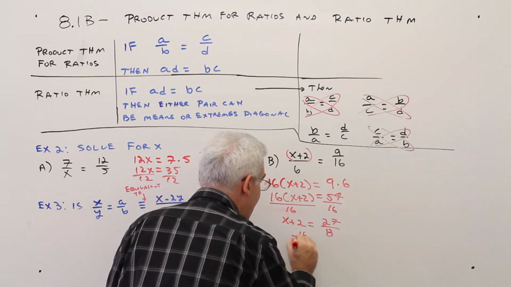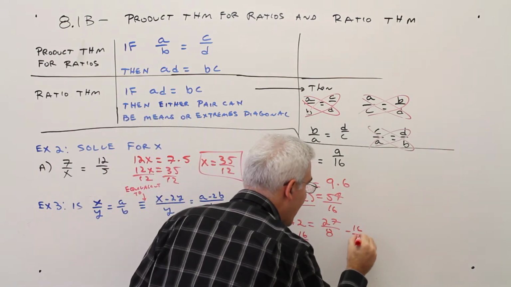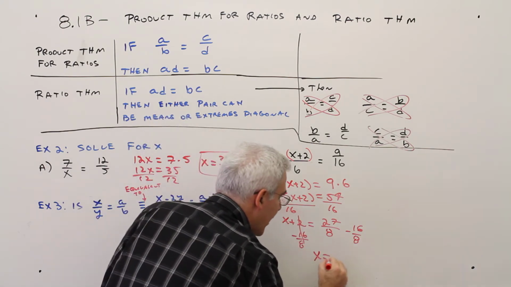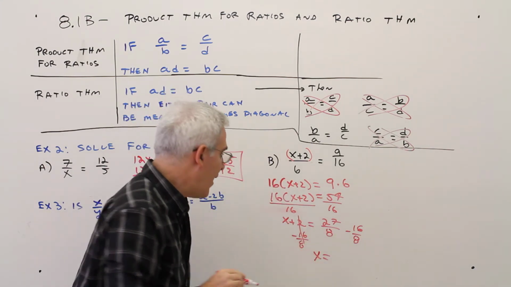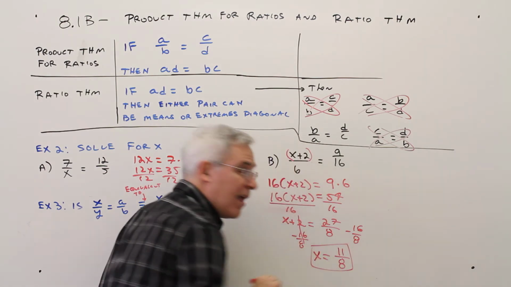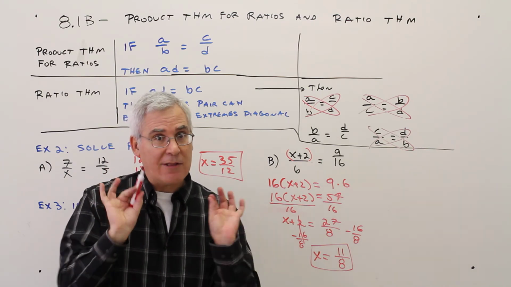So minus 16 over 8, which is equivalent to 2, minus 16 over 8, which is equivalent to 2. So then I get x to equal 11 over 8. Again, our agreement, exact, simplified answers.